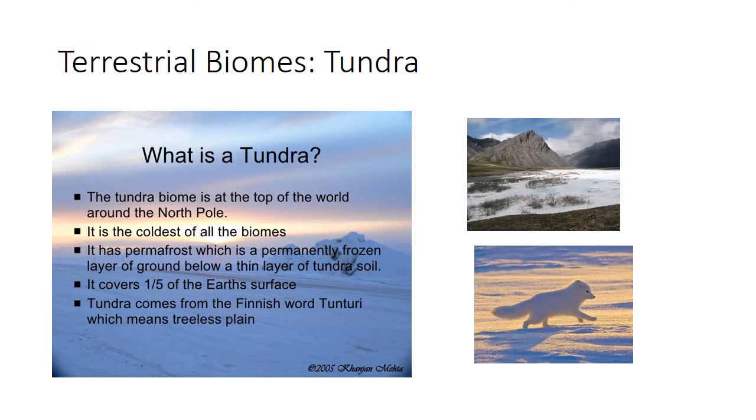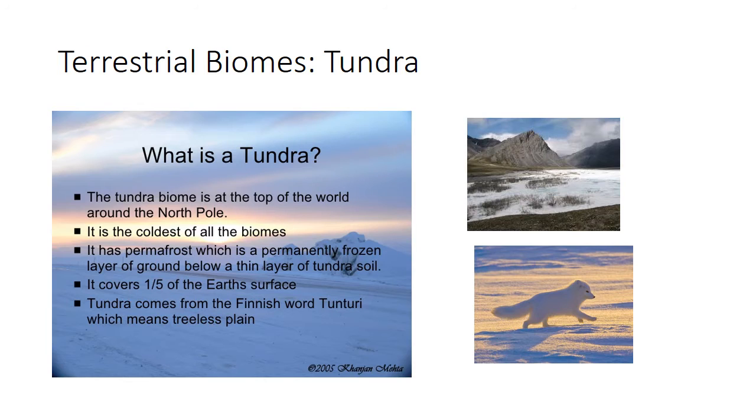Now, the tundra is a large biome. It covers about one fifth of the Earth's surface, pretty large. On geographical maps, usually the tundra is shown as a narrow strip of land, but it seems narrow because to the north of it there's an ocean. In the northern hemisphere, it's the Arctic Ocean, huge. And to the south of it there is taiga.